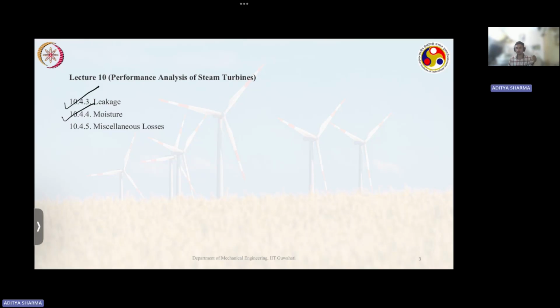There will be exchange of momentum because of these water droplets, right? And this will lead eventually to loss in the available energy, and eventually the work output that we are obtaining from the turbines, right? So moisture is unwanted. All right.